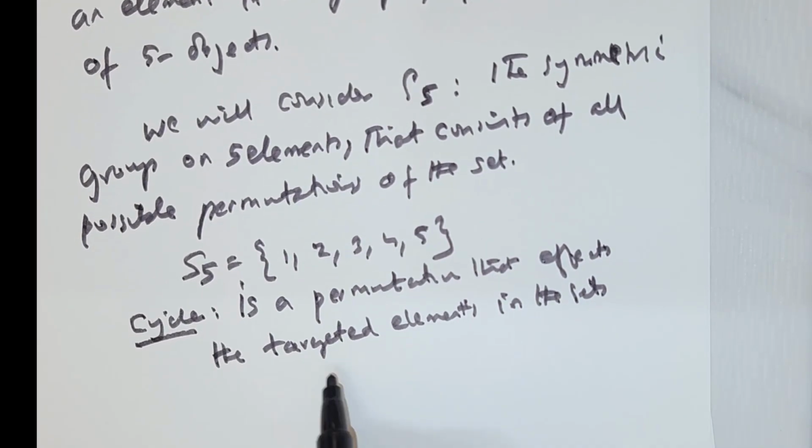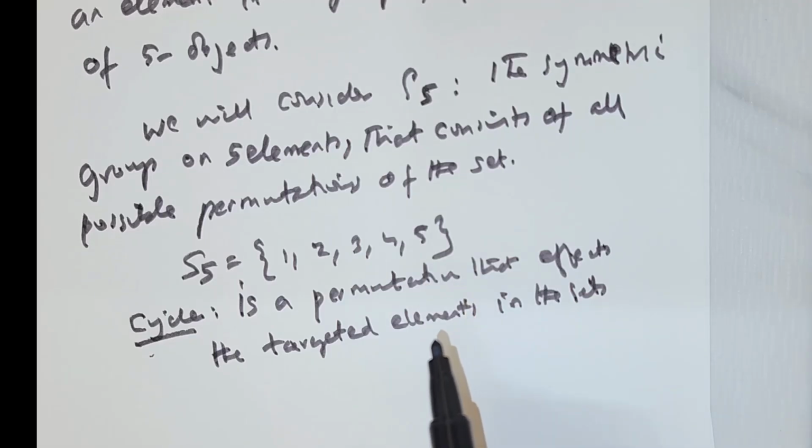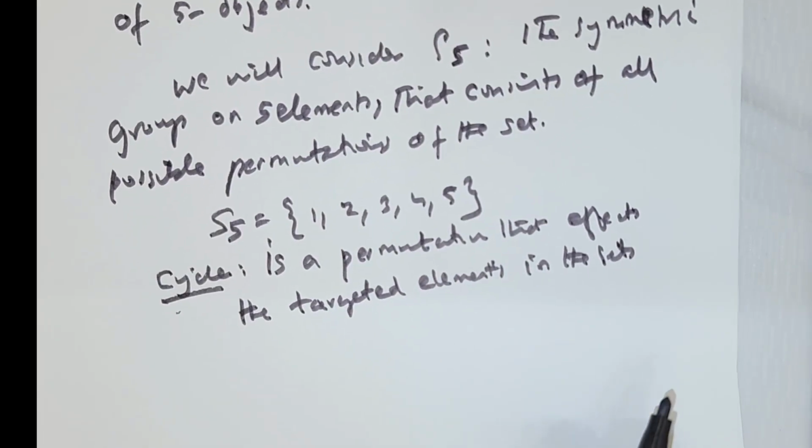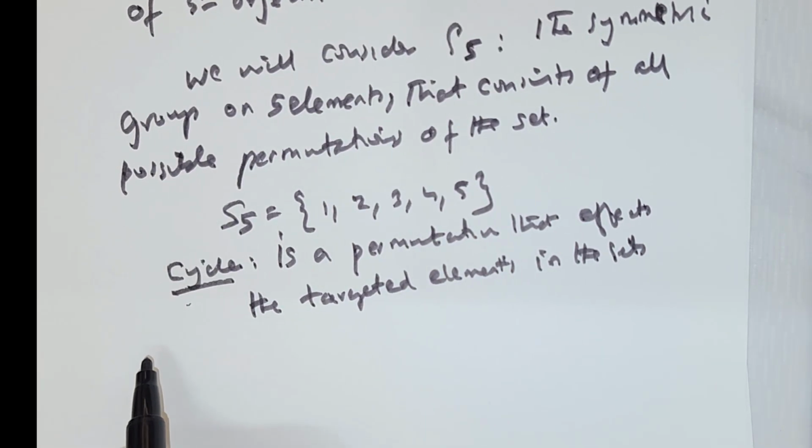So this would create the rule-based mapping for the elements in the set. So let me give an illustration.